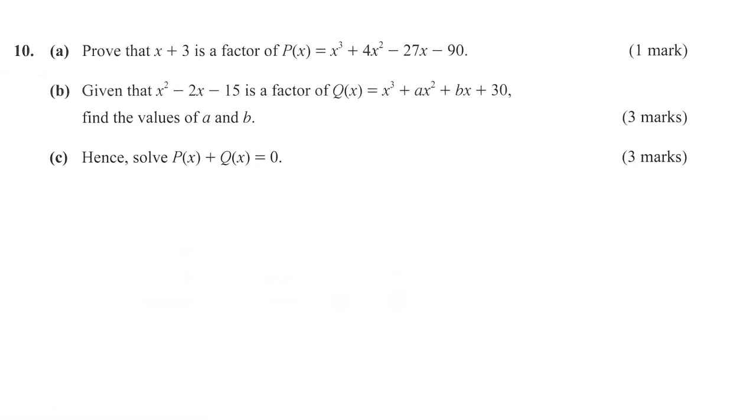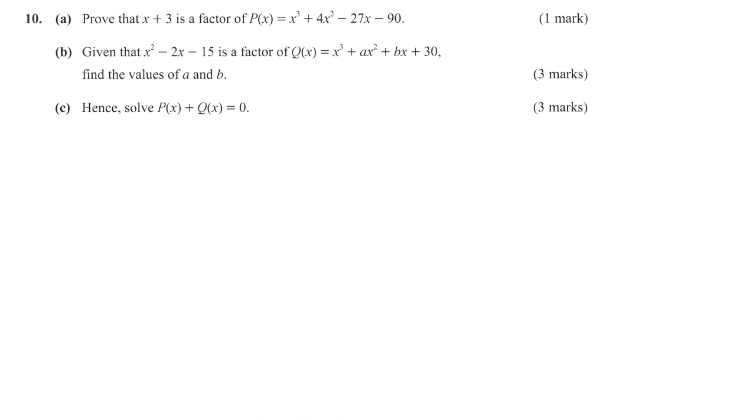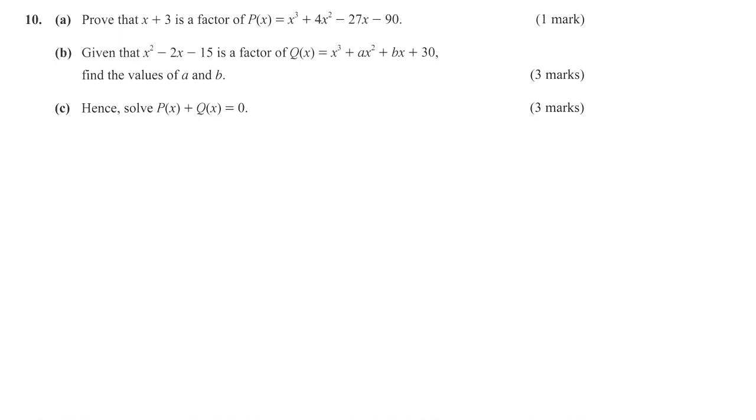It's given that this one is a factor. So whenever we say something is a factor, you expect the remainder to be equal to 0, right? But now the problem is this is a quadratic, not just simply a factor like this.